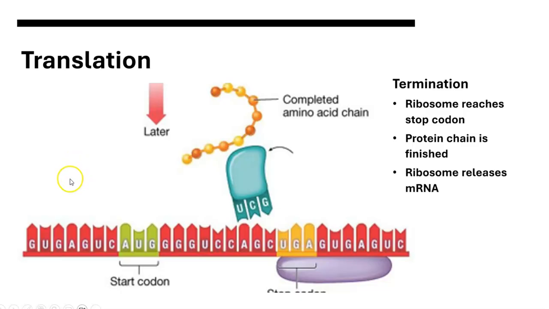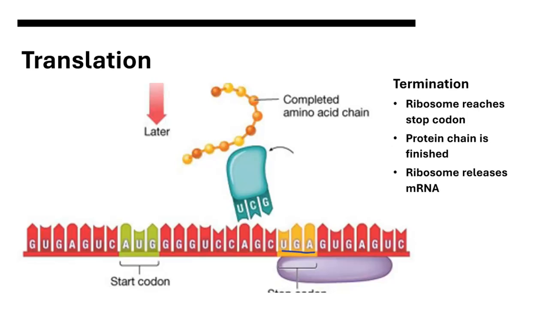We keep on doing this until we get to our stop codon. Here we have UGA as our stop codon. Remember, there's no corresponding amino acid for our stop codons. The last transfer RNA would have all the amino acids strung together here to create our polypeptide chain.